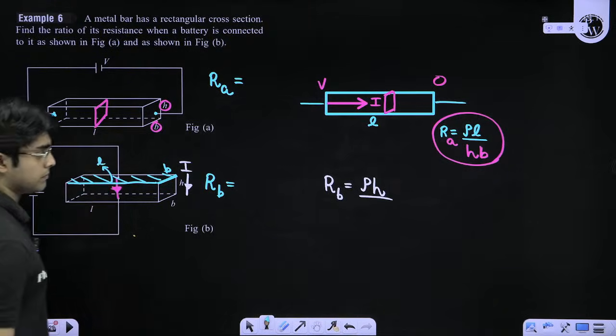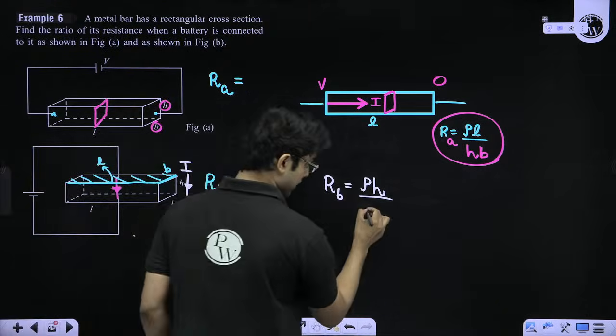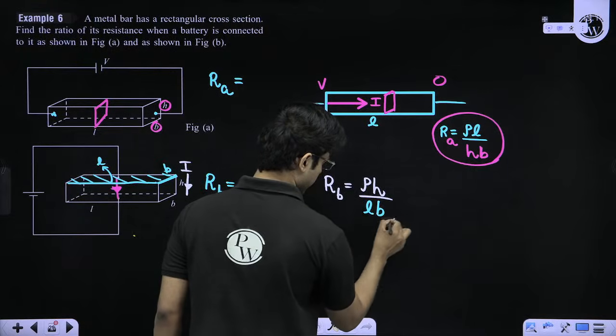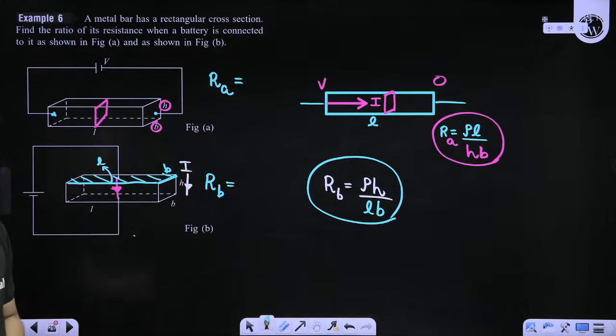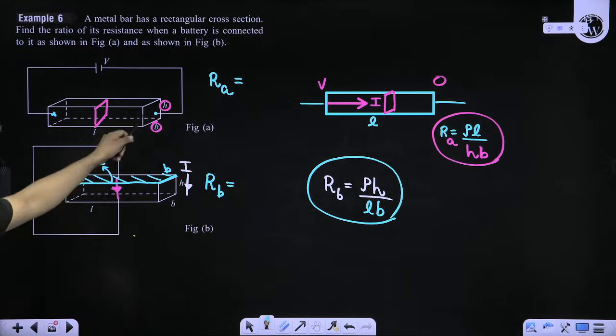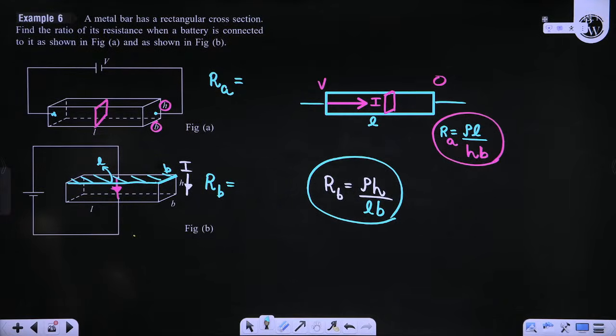So L into B. So rho H divided by L into B, that will be the resistance in case B. So that is the resistance in case A and case B. So depending on how you connect the battery to the conductor, the resistance will be different.